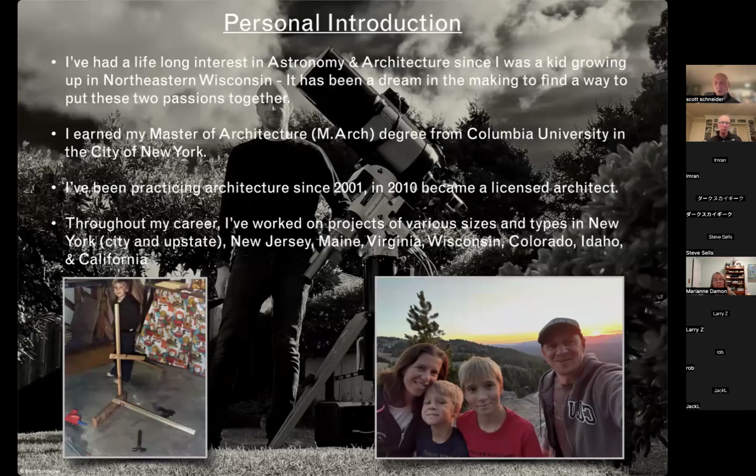In 2021, I started my own architectural design practice with the hope of integrating my lifelong passion of astronomy with architecture. Aside from my professional life, I'm a member of the SJAA as well as the Tri-Valley Stargazers, where I'm currently the newsletter editor. And I also enjoy camping with my family and doing astrophotography.